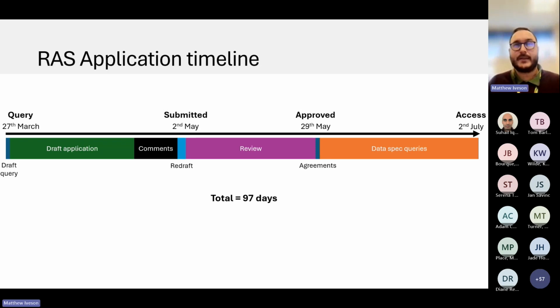And that went out for review. The review was notably much faster than if anybody's used the review process for things like PPPP. And after the review, it was approved, fantastic, with a few minor tweaks. And then the rest of the time was spent trying to nail down the data specification with Idris staff.